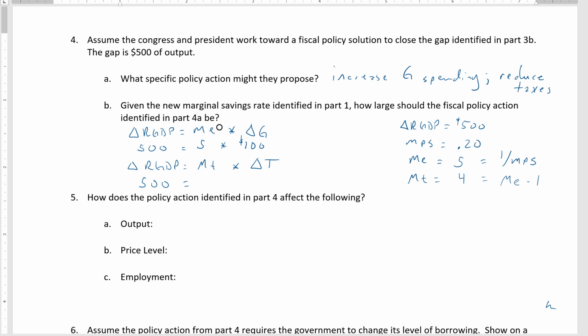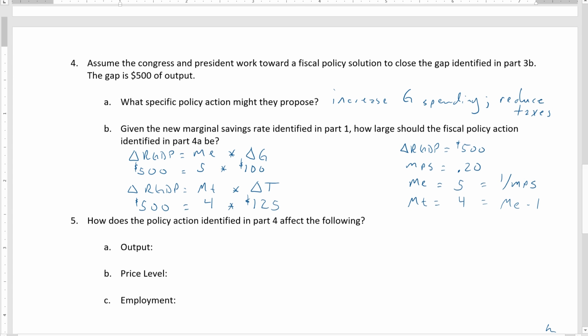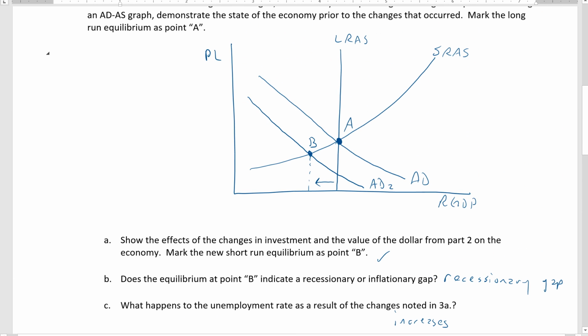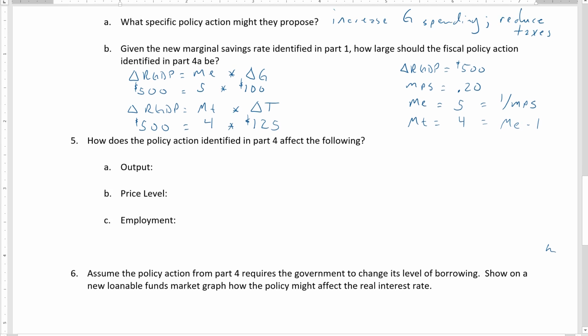If instead we want to use tax cuts, then we're going to cut taxes by $125 because 125 times 4 will equal the $500 gap. Okay? So basically, if we did all that, then the aggregate demand curve should shift back to the right, which would increase output, which would also increase employment, which would lower unemployment.